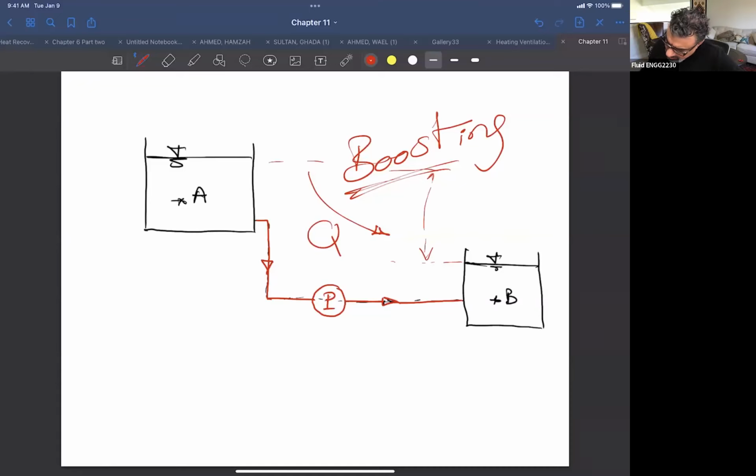Which means that every system, just before putting the pump, we call this a system. Every time we put this dotted line on the piping system, this is your system. This is your actual system component that has losses, frictional losses, and so on.